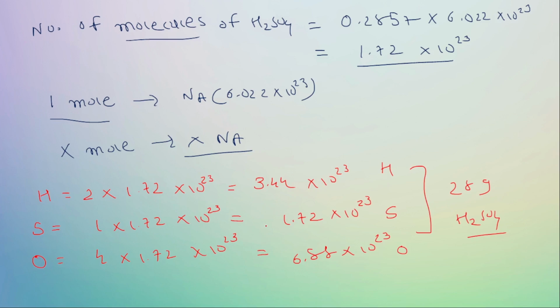In 28 gram substance H2SO4, let's find out the number of electrons, protons and neutrons. It is easy, as with atoms. To find these, in one molecule of H2SO4, how many electrons, neutrons and protons? For protons, in hydrogen, one hydrogen, one proton.